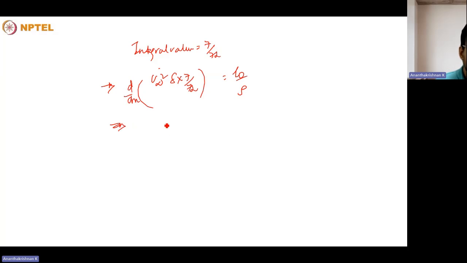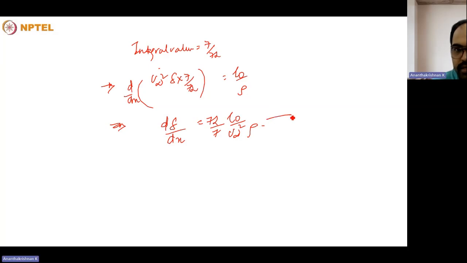Now the left hand side you can write it differently. Since this is a flat plate case, u infinity will be constant, and you can take the u infinity outside. So the only term that remains within the derivative is delta, giving d delta by dx equal to 72 by 7 tau by rho u infinity squared.